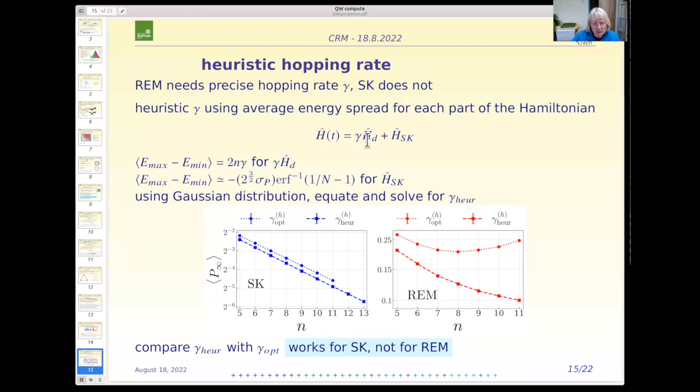For the driver Hamiltonian, or gamma times it, that is easy to work out. It's 2n. Now, I think I showed you a slide for the search that had the eigenenergies for this Hamiltonian, where the spread was n, not 2n.